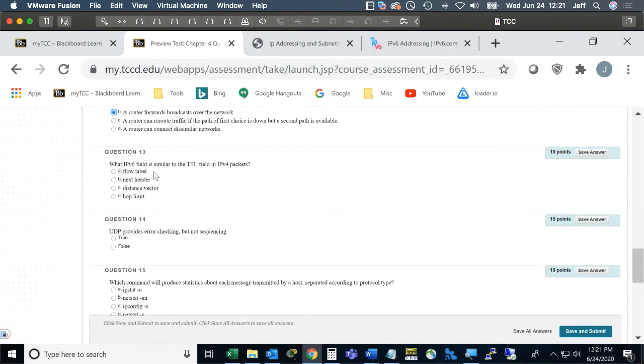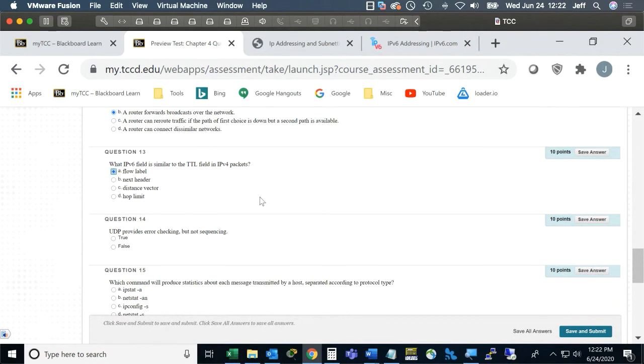What IPv6 field is similar to the time to live field in IPv4? See, no, I believe that's the flow label.